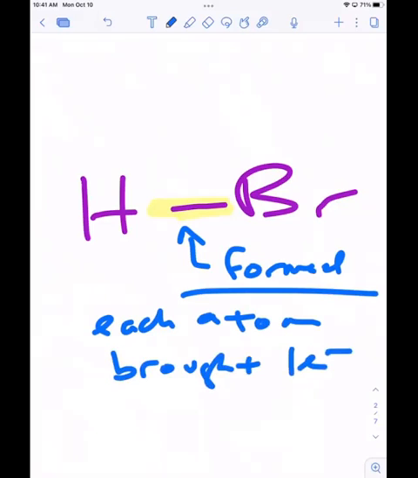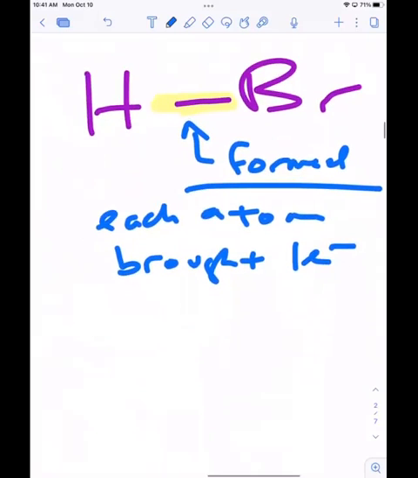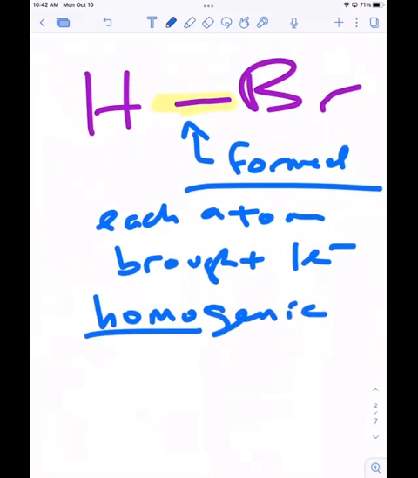So we call a bond that's made like that homogenic, not heterogenic. Hetero means one atom had both electrons and one had none, and boom, they came together. Homogenic means each atom brings one electron to the table.